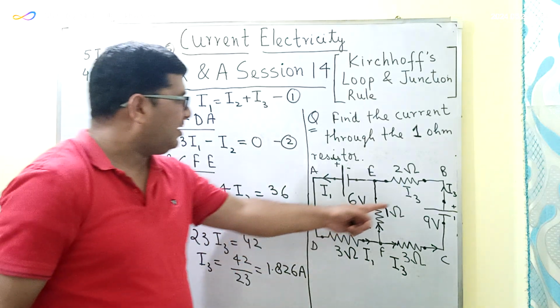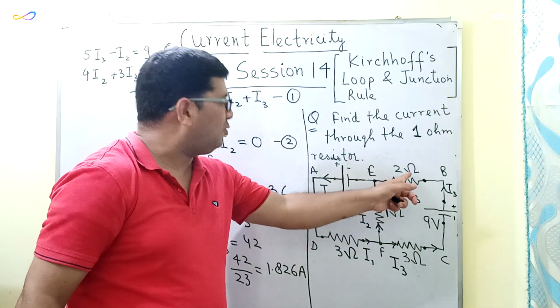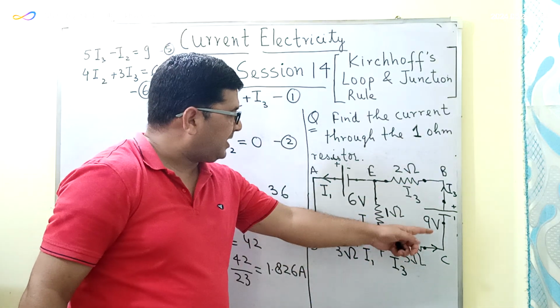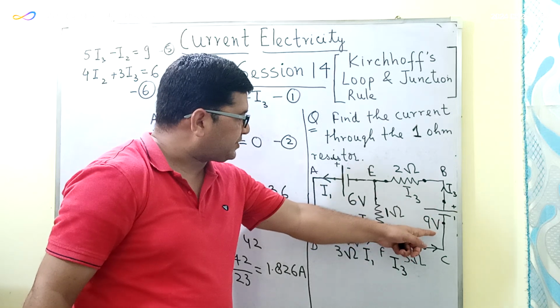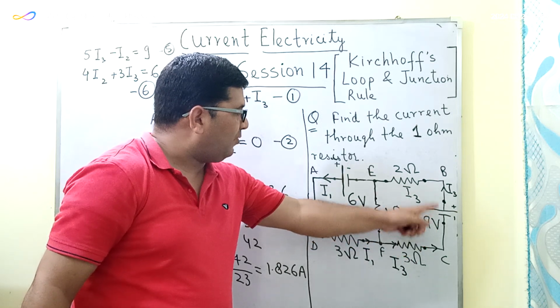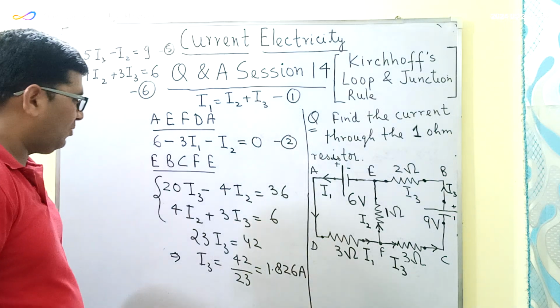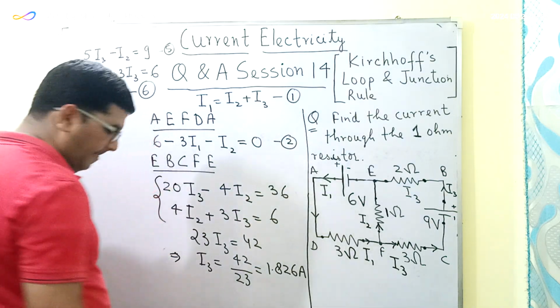So the current which is flowing through this 2 ohm resistor, or you can say the current which is flowing through this 9 volt EMF source, is equal to 1.826 ampere.